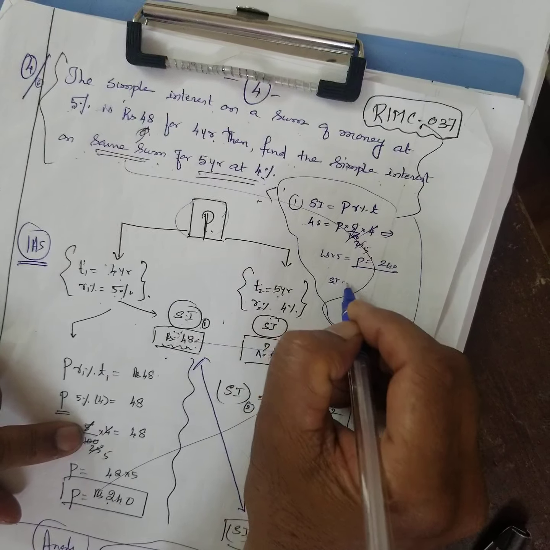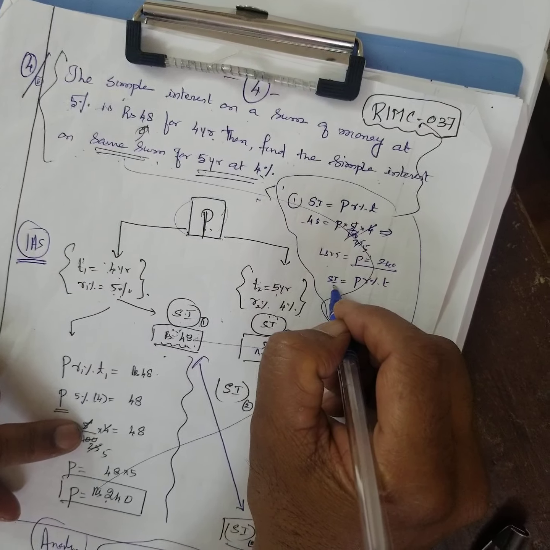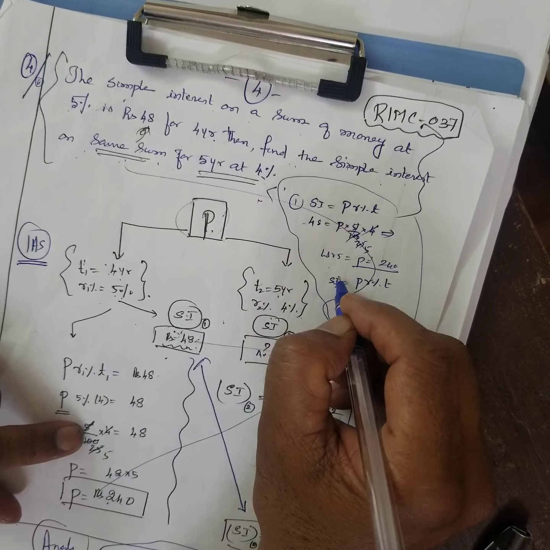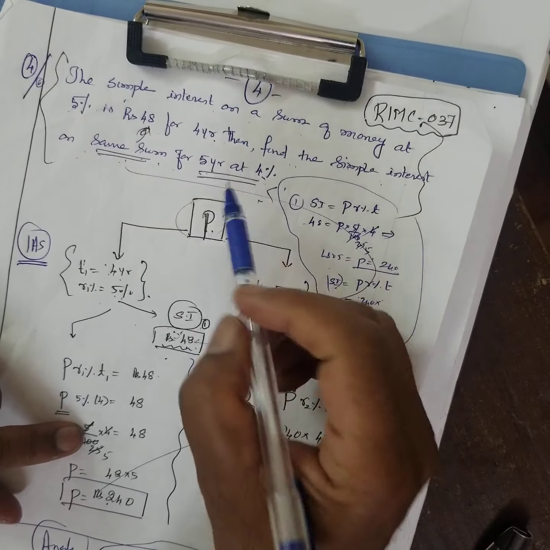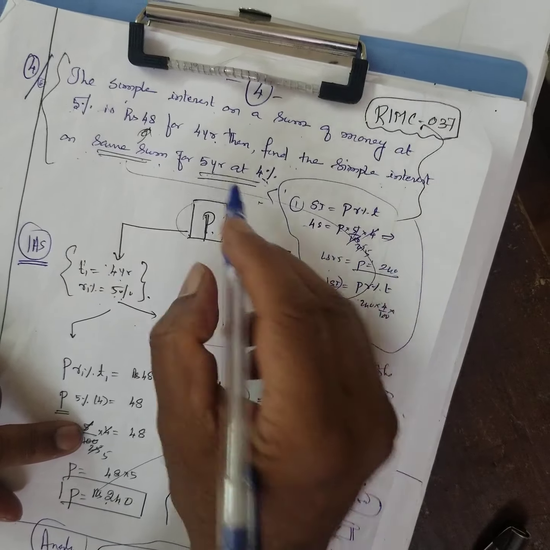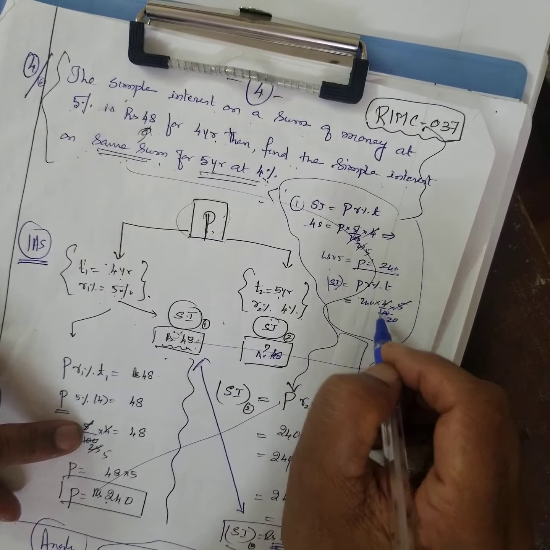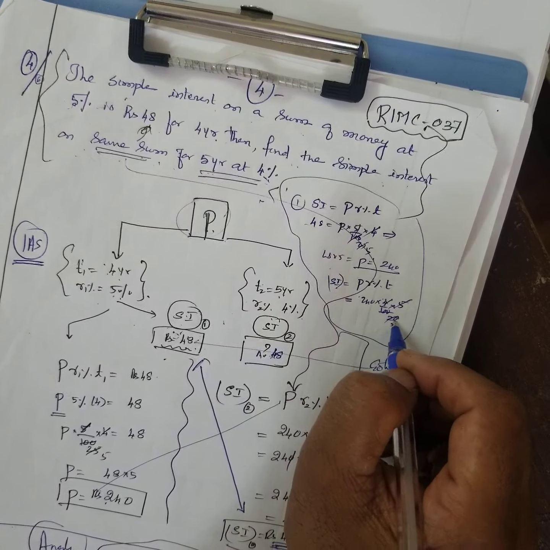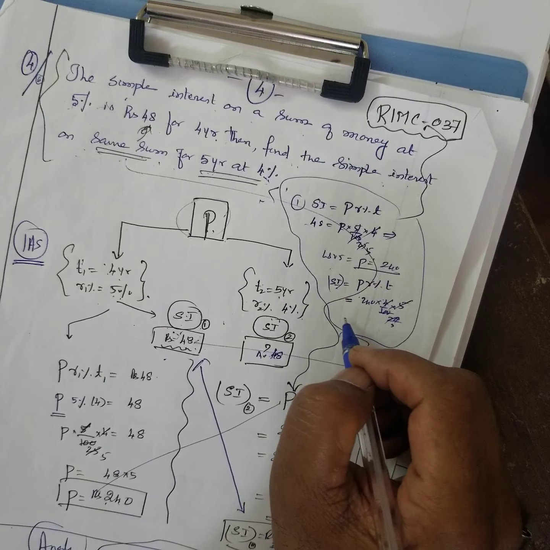Second case, simple interest is equal to PRT by 100. Simple interest we don't know. You want to calculate it. The second case: principal is 240, rate is 4%, T is 5.